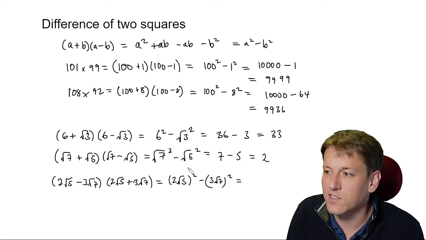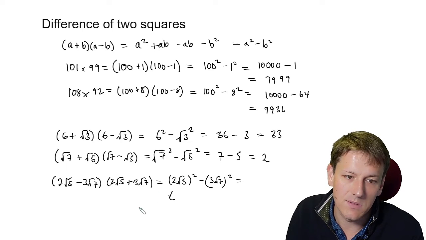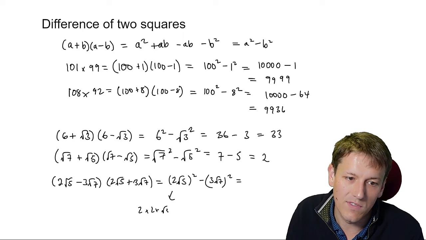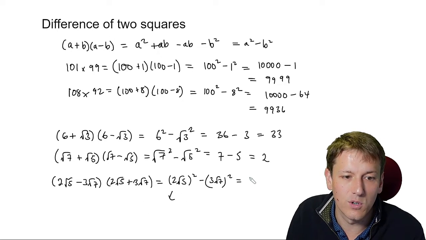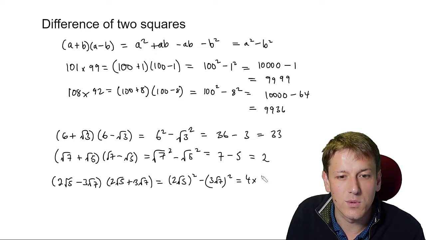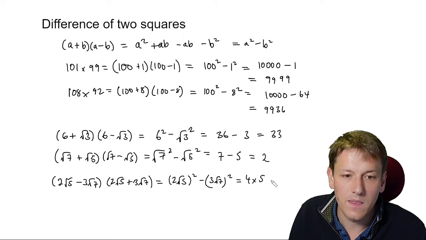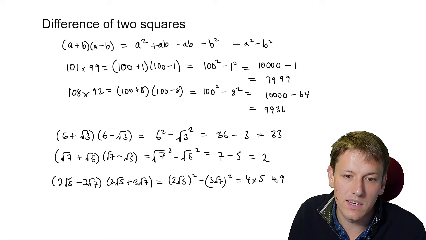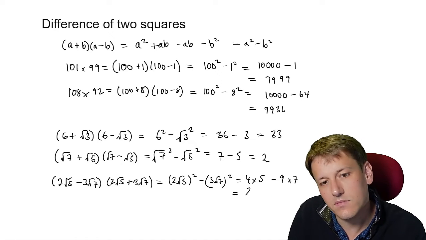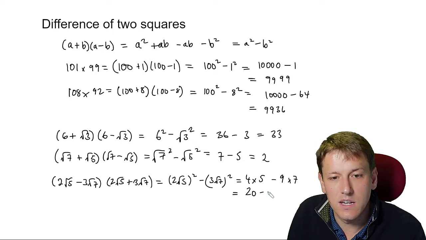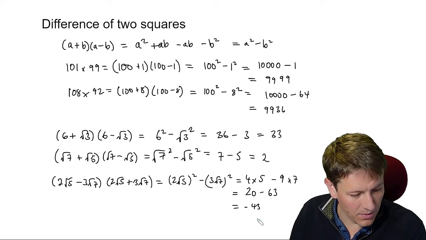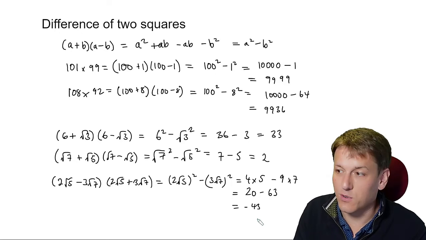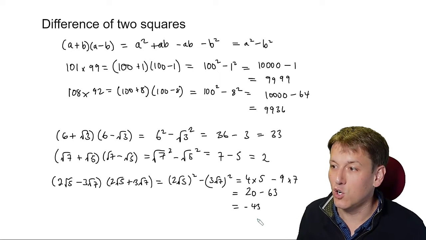So 2 root 5 squared, be very careful here, this is going to be 2 times root 5 times root 5, so it's 2 times 2 is 4, times root 5 squared is 5, and then minus 3 squared here is 9 times root 7 squared, which is 7, so that's going to give me 20 minus 63, and that gives me minus 43 here. So again, a whole number.